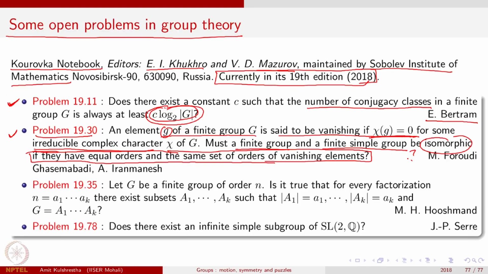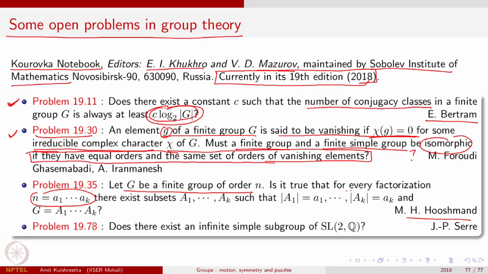Another one, which is due to Huysmans, says that you take a finite group of order n and factorize this order: a1, a2, ..., ak, this integer factorization.